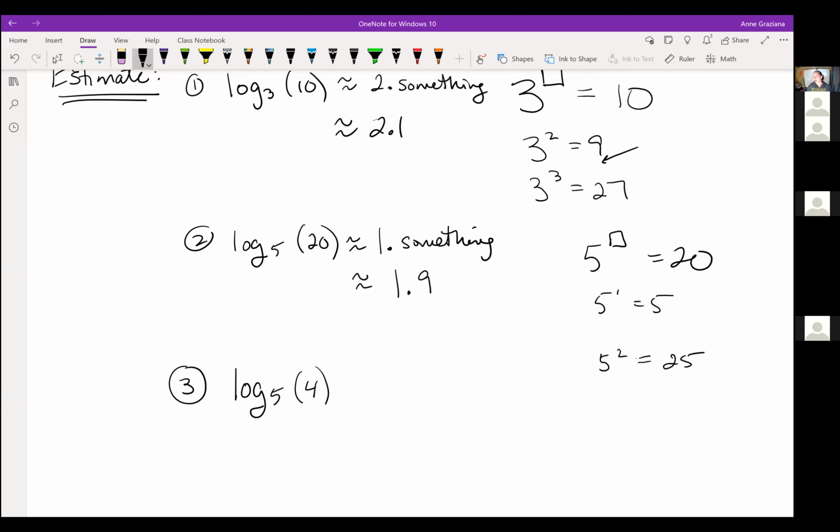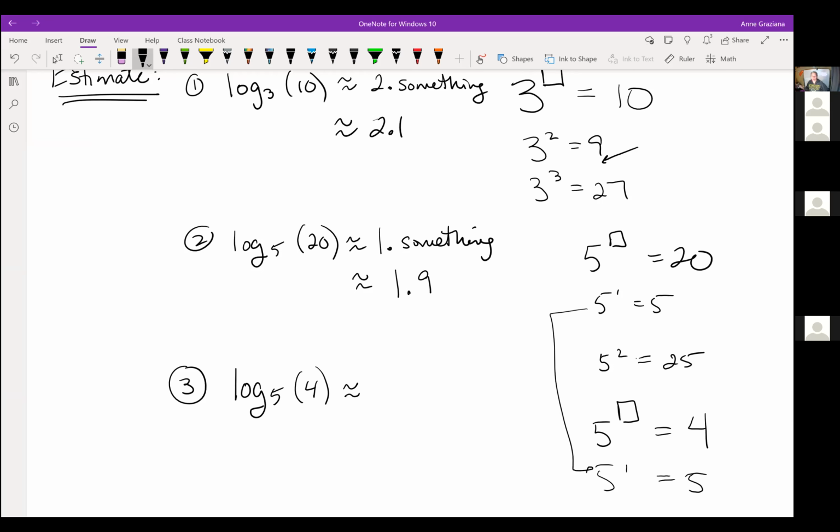All right, let's look at log base 5 of 4. Again, this is going to be an estimate. I'm asking myself, 5 to what power is going to give me 4? Well, look here. 5 to the first is 5.